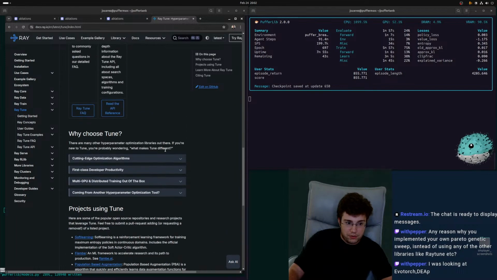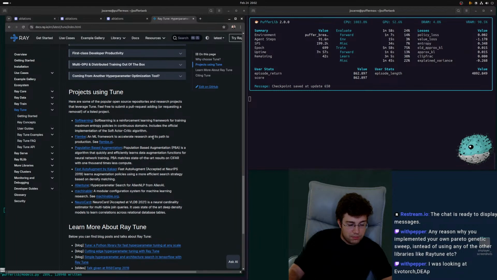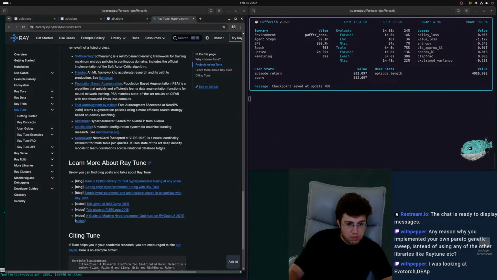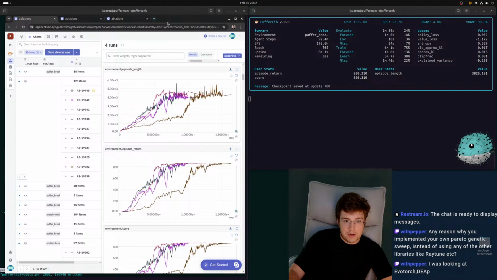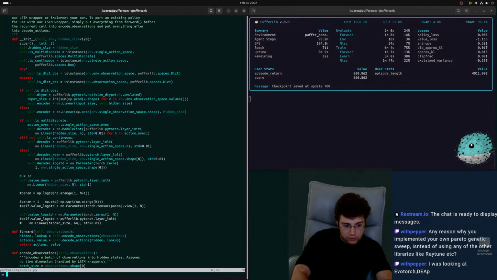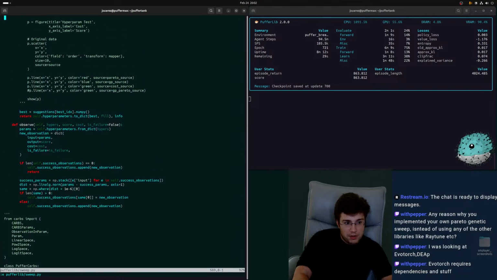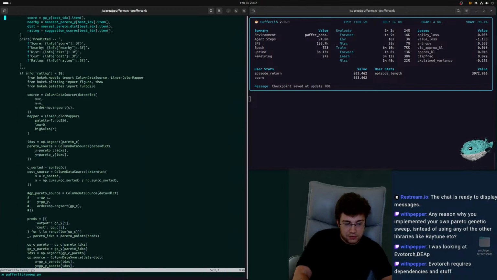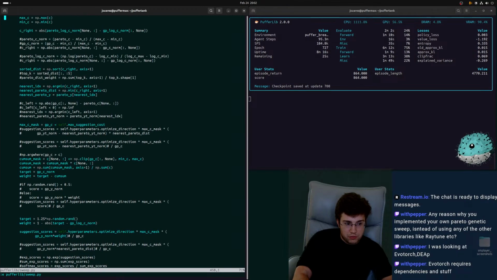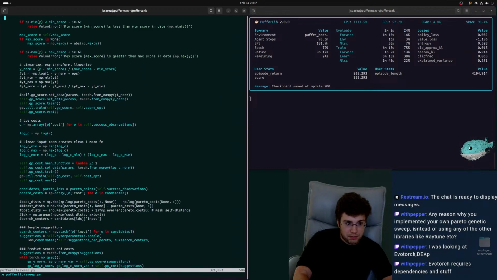I think ours is better though. But here's the funny thing: you have all these libraries for this. Here's my code. If we ignore the comments, it's like 500 lines. I think it's less than 500 lines if I remove these redundant comments.